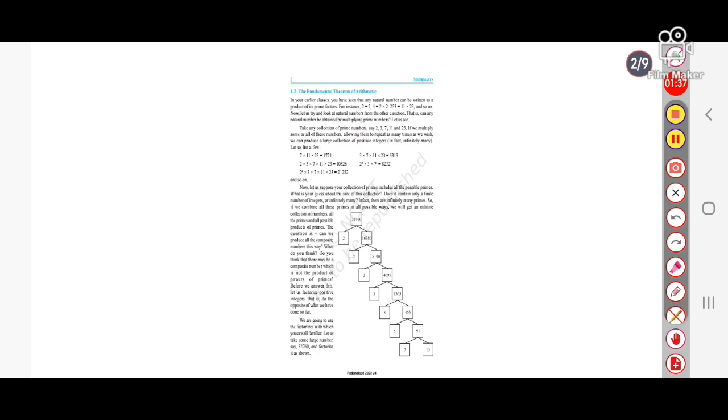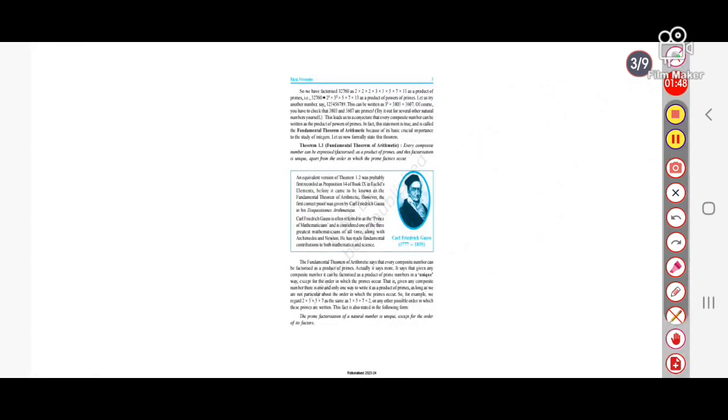So 2 into 3 into 7 into 11 into 23 results in 10,626, which is again a composite number. Here, Theorem 1.1 says every composite number can be expressed as a product of primes, and this factorization is unique apart from the order in which the prime factors occur.